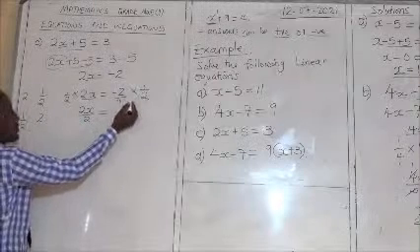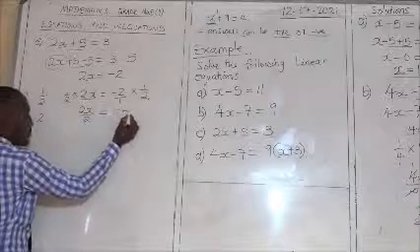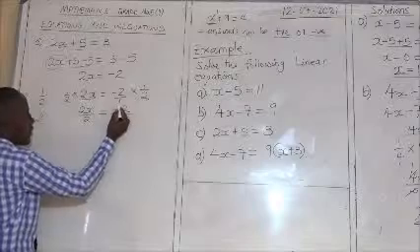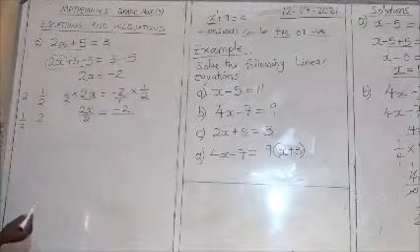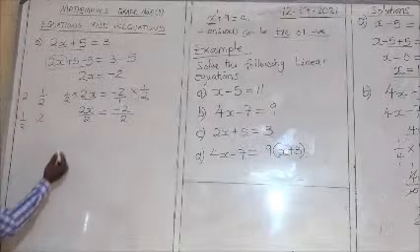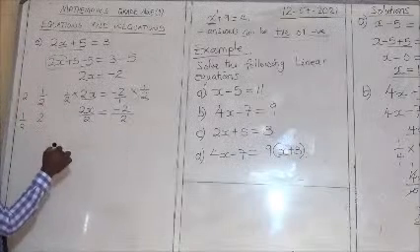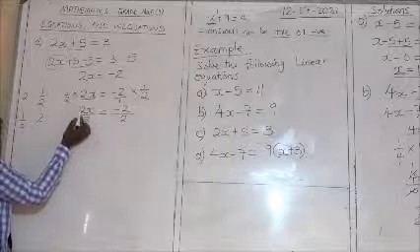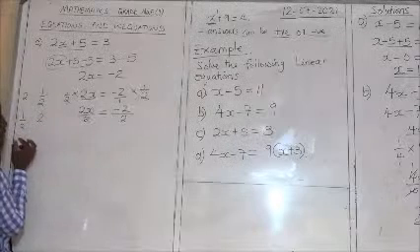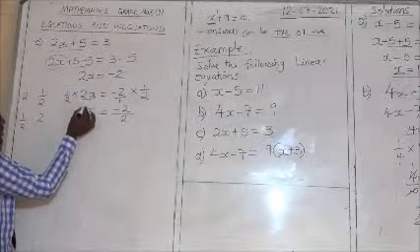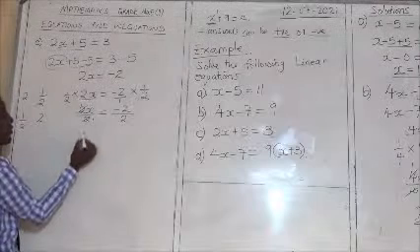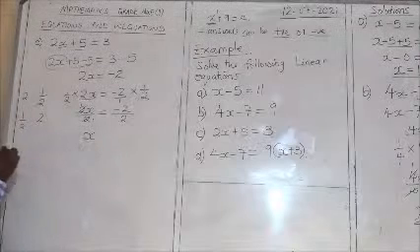Negative 2 times 1 giving us negative 2, then over 1 times 2 giving us positive 2. At this stage we can divide. This side we have 2 and the denominator is 2, so 2 divided by 2 is 1, and 2 divided by 2 again is 1. So this side we are remaining with just x.